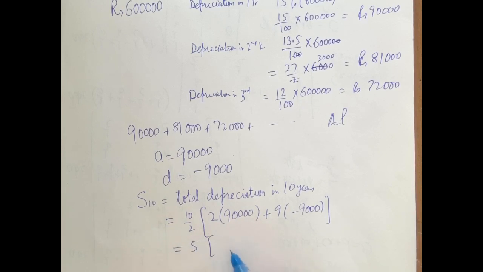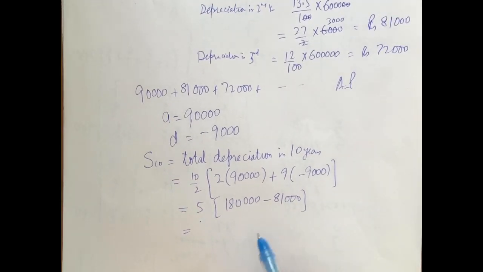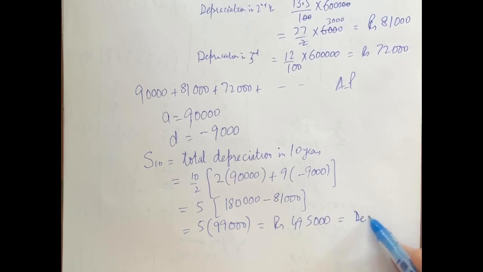This is 5 into (180,000 minus 81,000). So this is 5 into 99,000, and this is rupees 4,95,000. So this is the total decrease in value, total depreciation.